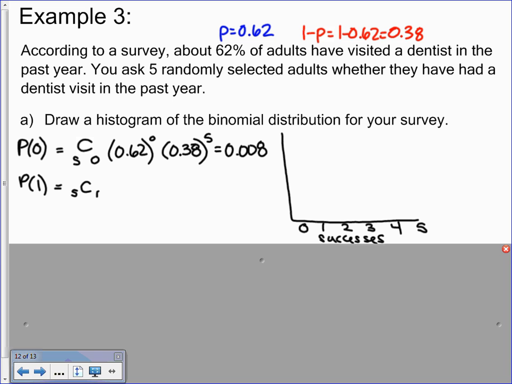And instead of 0.62 raised to the 0, it's 0.62 raised to the first. And then because I now have 1 success, my number of failures will drop, and my number of failures will be 4. So the only 3 numbers that have changed are these 3 that I have written in red. Okay. So your calculator has a very nice feature that will allow you to go back into the thing you just did.